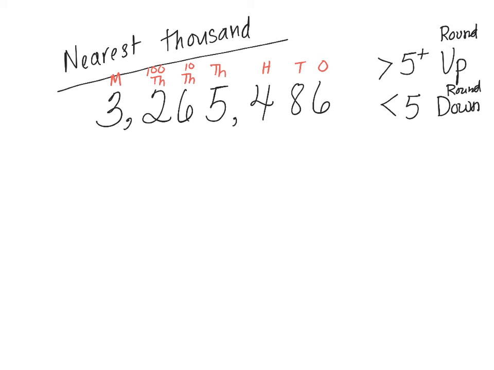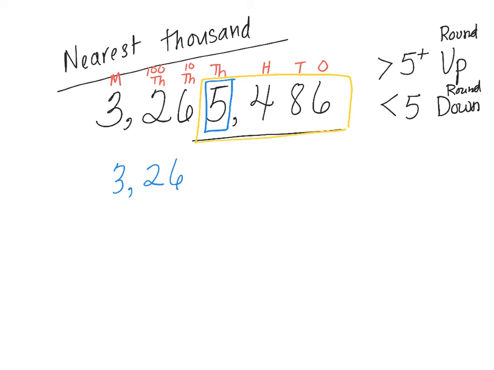So I can identify my target number as the 5. Now, boys and girls, I can look at this number and I know that this 3, this 2, and this 6 are not going to change. I am only looking at this portion of the problem because I'm rounding to the thousands place.